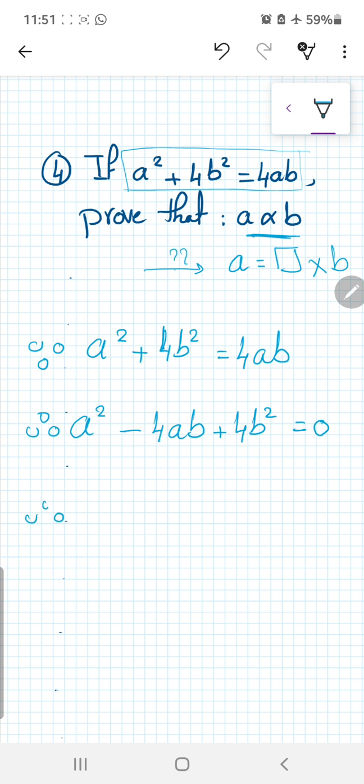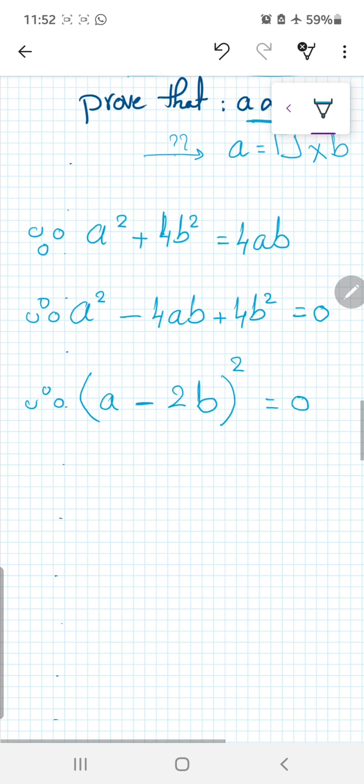How to factorize it? We write a bracket all to the power 2, take the square root of the first, which is A, take the sign of the middle, which is negative, take the square root of the third, the square root of 4B squared, which is 2B. We get (A minus 2B) all to the power 2 equals 0.